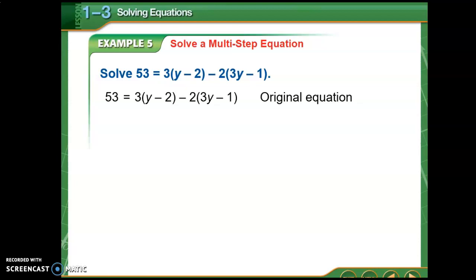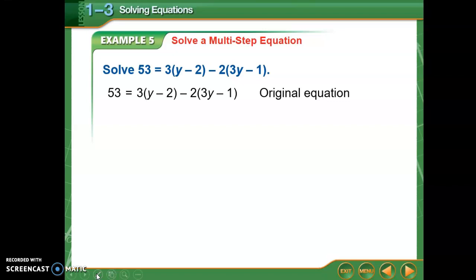Alright, let's have another equation. Solve 53 equals 3 times the quantity y minus 2, close parentheses, minus 2 times 3y minus 1. Alright, so what we're going to do here, we're going to distribute your 3 to each variable and number inside the parentheses. And then after that, we're going to simplify.